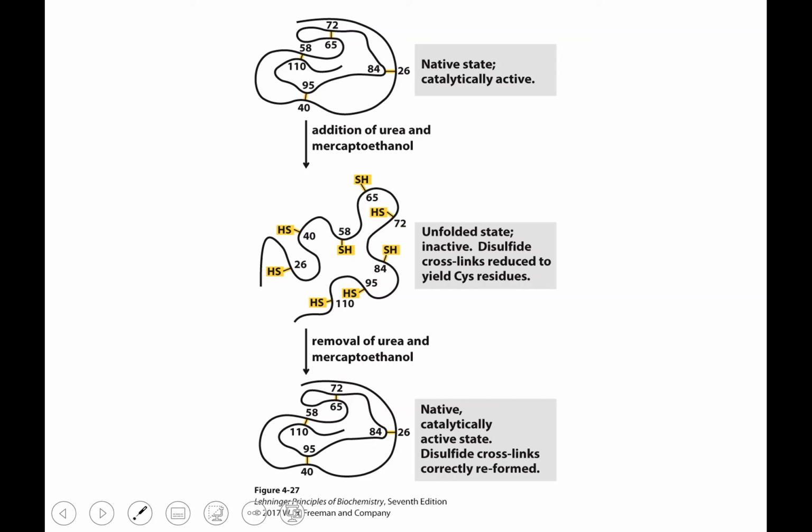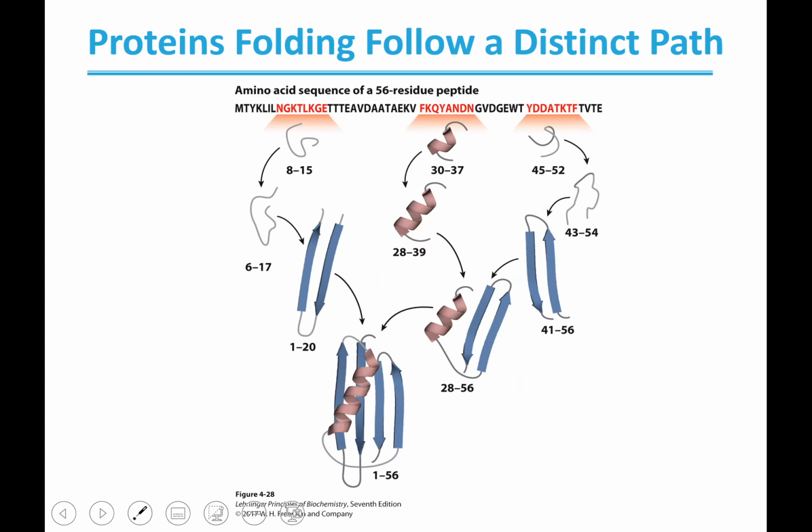So there's something inherent in this primary structure, the sequence of this protein, that tells it how to fold. That's a very important thing to realize, that the sequence of a protein ultimately guides how it's going to fold.